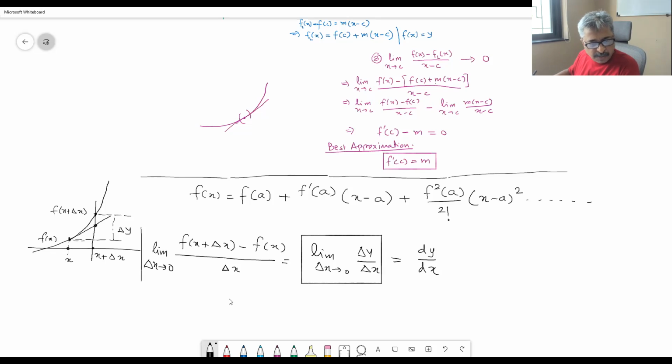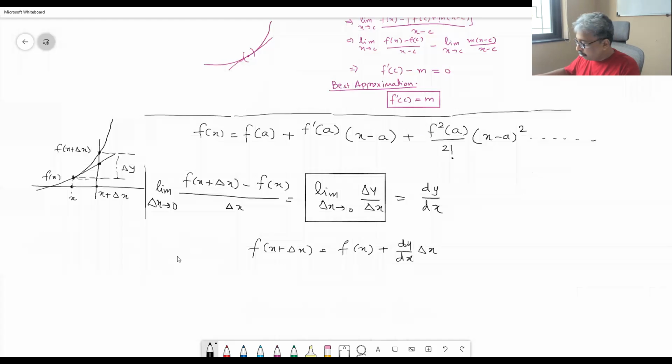So now if we cross multiply, what do we get? f of x plus delta x is equal to f of x plus dy by dx into delta x, which we can write as f of x plus delta x is equal to f of x plus dy by dx into delta x. Again I'm not doing anything new.